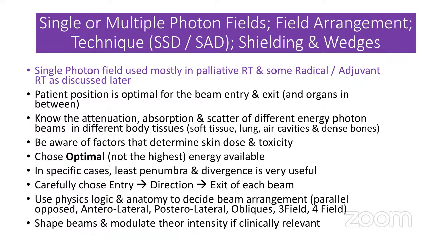And you also should know what are the specific cases where the least amount of penumbra and divergence is very useful. Once you know that, you can decide, okay, what are the special things that you could use. And I'm talking of 2D and simple 3D planning to reduce divergence. Whether in this patient you have to remove the couch, or in this patient you have to give a collimator angle, or you have to use a gap correction. That is very important.